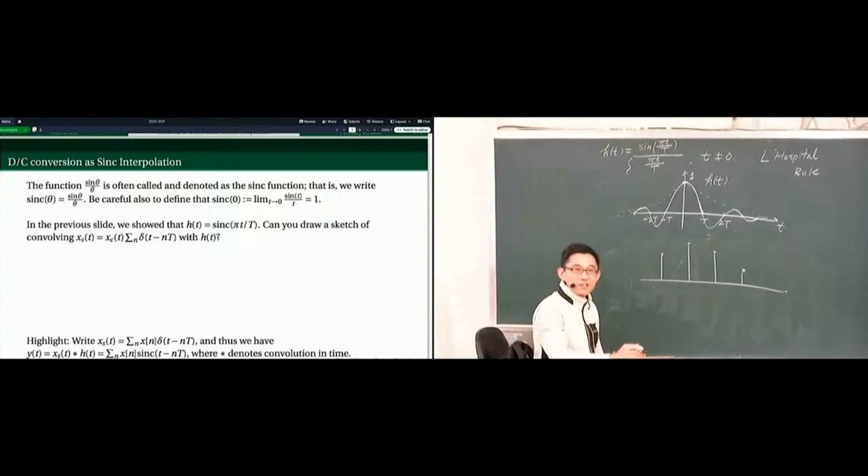Can anybody tell me an example of sampling something where we often need to figure out what happened in between? That's interpolation.